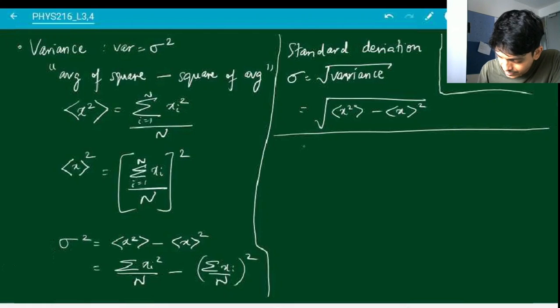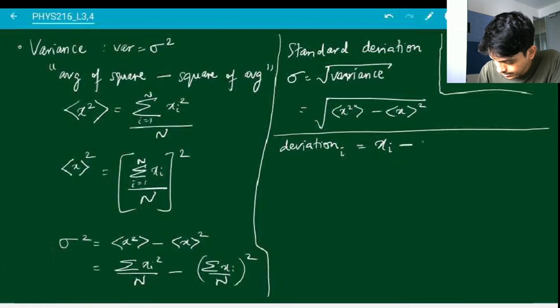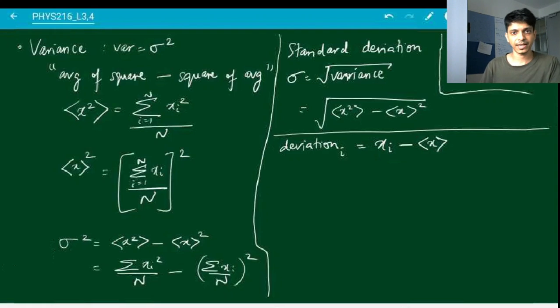If the average of all your xi points is called this, then how much is the deviation for each xi? The deviation of the ith point is just xi minus the average. This is how much it deviates from the average.